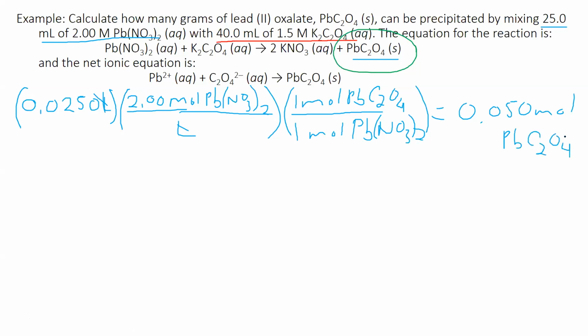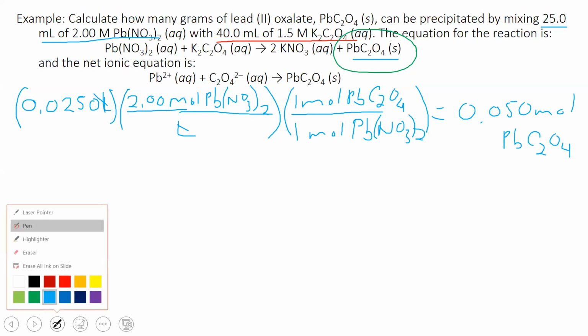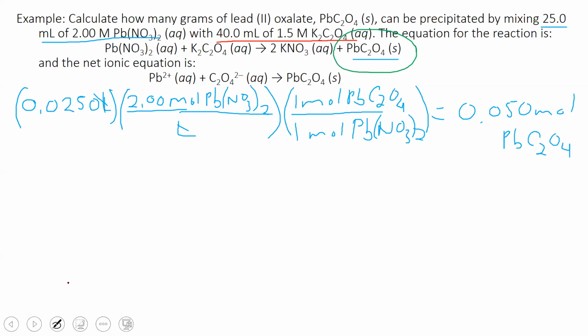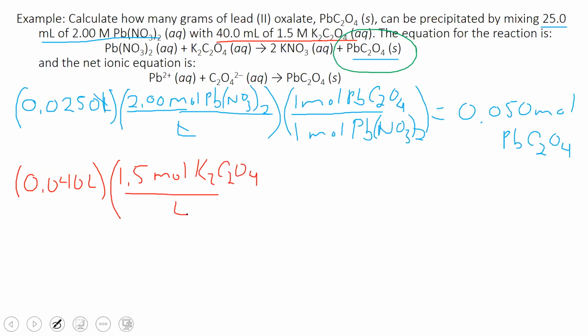Okay. And then we'll do the same thing for potassium oxalate. We've got 0.040 liters of the potassium oxalate, with a concentration of 1.5 moles of potassium oxalate per liter. Again, liters cancel out.